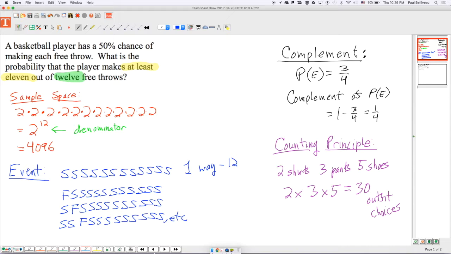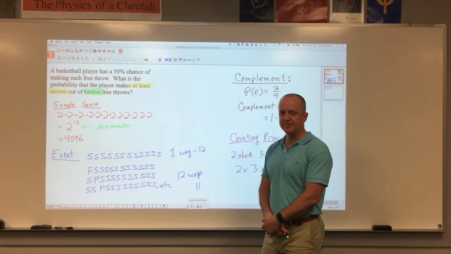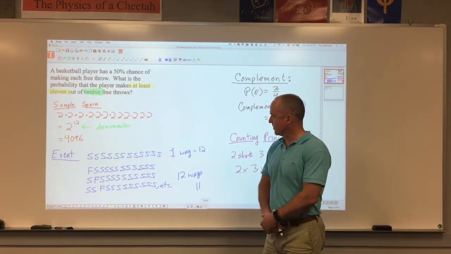And there's only 12 places to put it. You could fail on the first, second, third, fourth, fifth, sixth, seventh, eighth, ninth, 10th, 11th, 12th. There's only 12 ways to do this. It comes down to counting. So there's 12 ways to make 11 successful free throws. That's all they're asking for here.